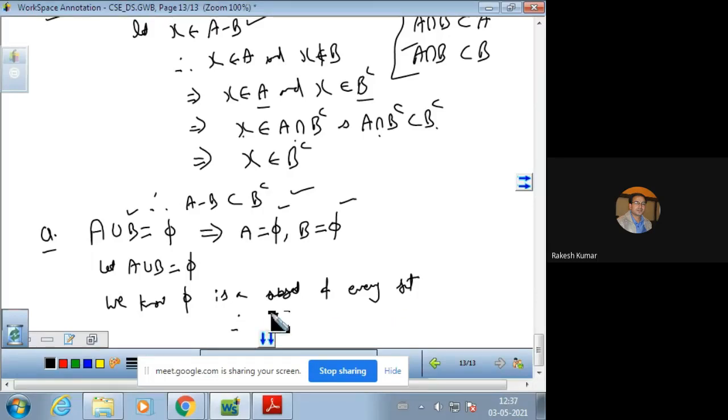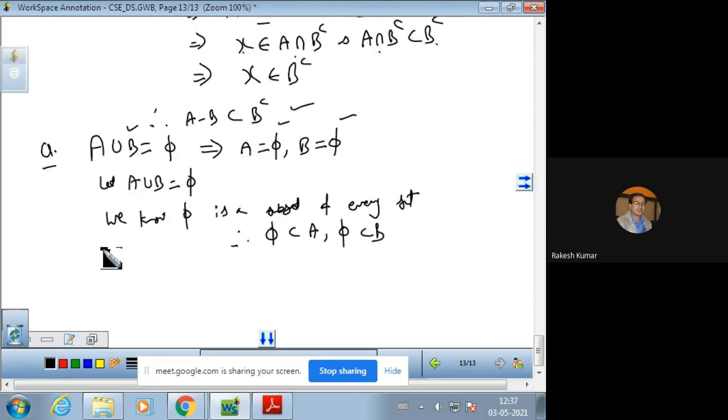So अगर phi हर एक का subset होता है तो phi is a subset of A, phi is a subset of B. Since A is a subset of A union B, we also know about it. A is always a subset of A union B, and B is always a subset of A union B. Hence, this is A union B, and therefore A is a subset of phi.